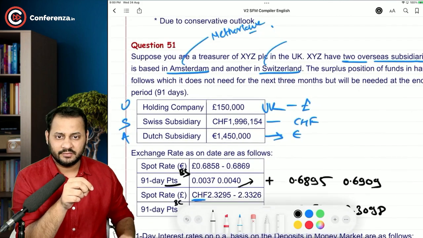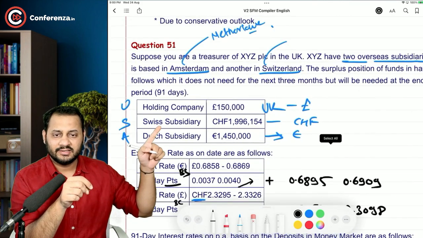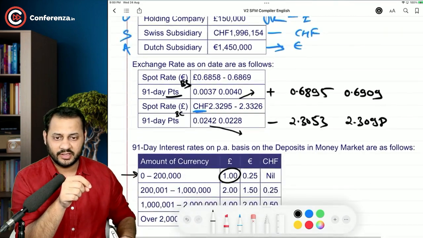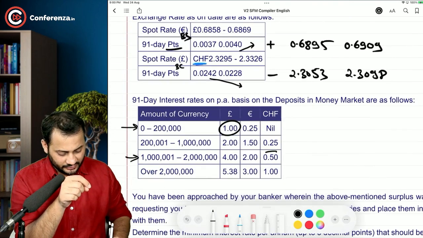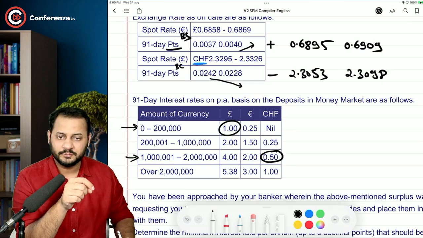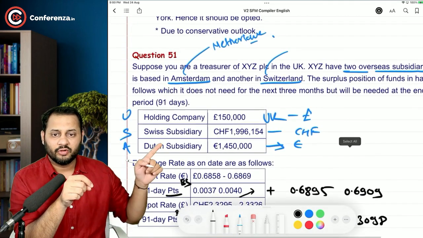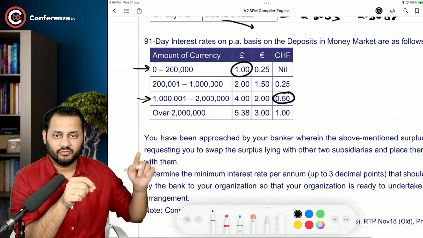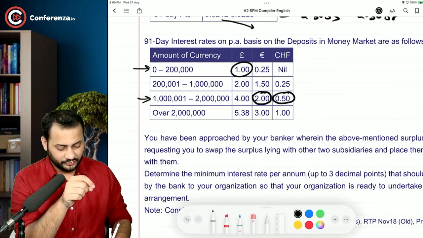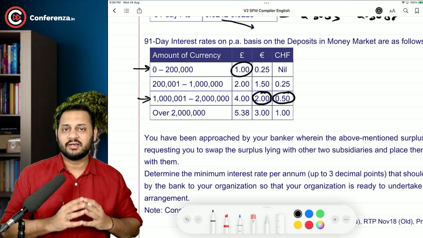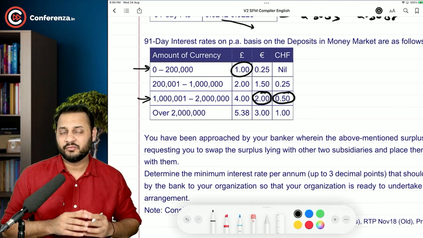Second, 19,96,154 Swiss franc. 19 lakh will come under this Swiss franc range, the rate will be this. Am I right? And 14,50,000 euro. 14,50,000 euro again will come under this, and this is going to be the rate. So these are the interest rates and this is how you have to pick the interest rate.